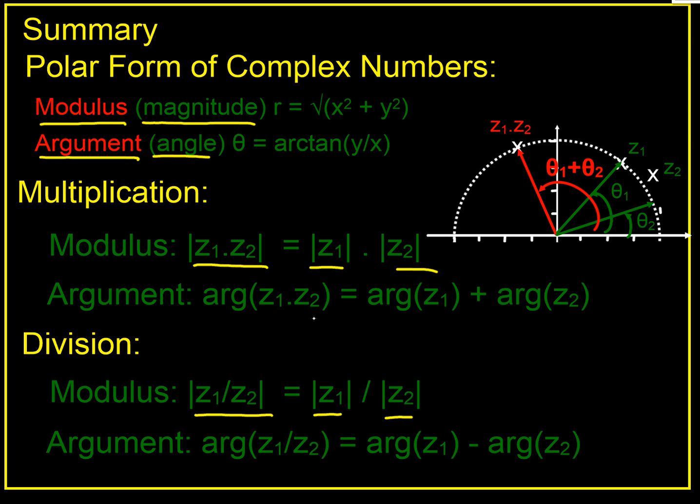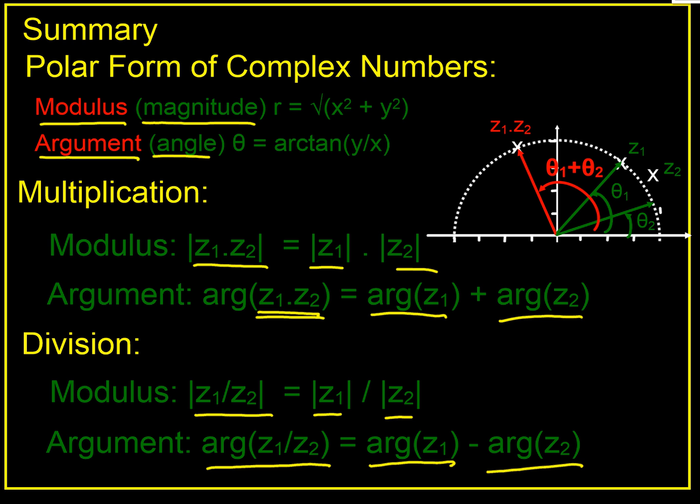But more importantly, the argument, the angle, for the multiplied Z1 Z2 is just going to be the argument of the first complex number plus the argument of the second. And if we're doing division, then the argument of Z1 over Z2 is just going to be the argument of the first complex number, take away the argument of the second.